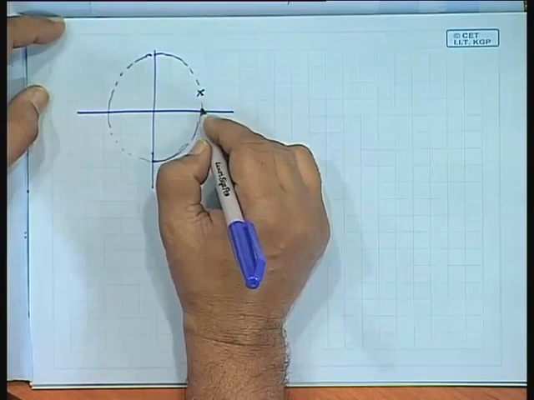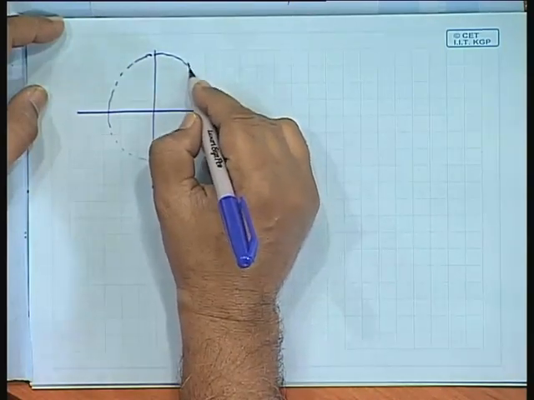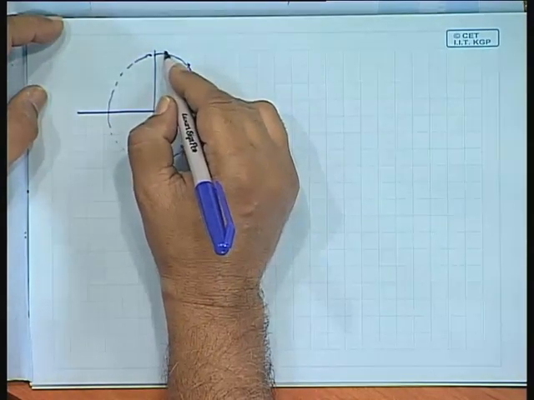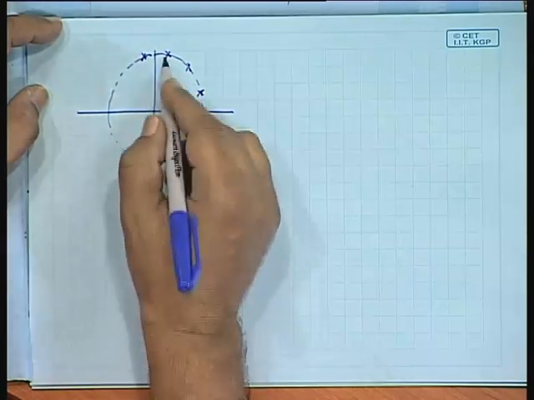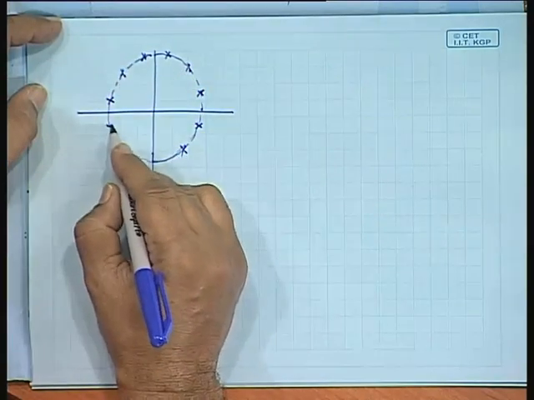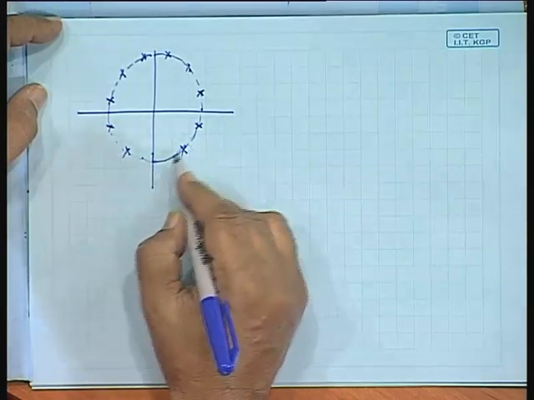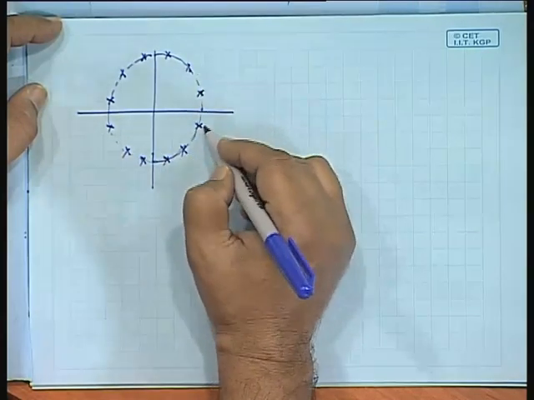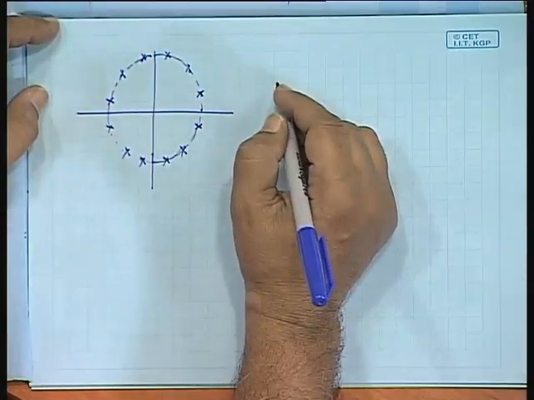So, at 15 minus 15 degrees, 15 plus 30, 45 degrees minus 45 degrees, 45 plus 30, 75 degrees, then again 105 degrees, 135 degrees and so on. They are just mirror images. Okay. 1, 2, 3, 4, 5, 6, 6 on this side, 6 on the other side. So, you can form the polynomials.